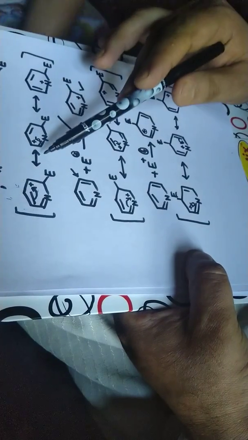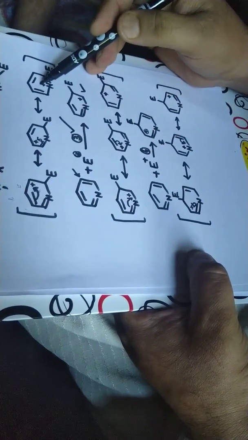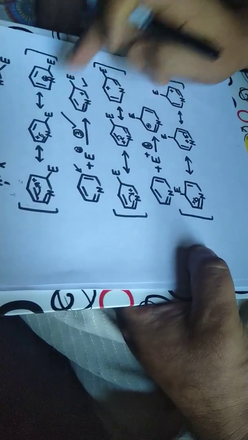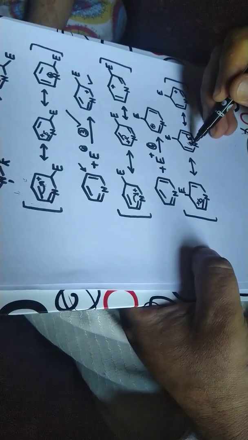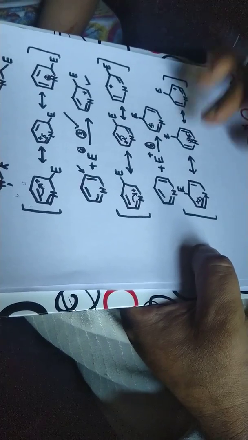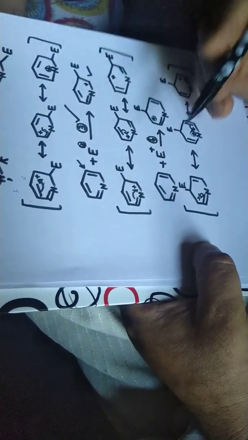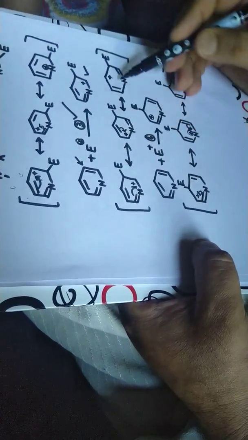In the case of position 2, there are resonating structures, and one has a positive charge on nitrogen, which makes it very unstable. Then at position 4, the nitrogen again develops a positive charge, making this also unstable. And position 3 is comparatively more stable, because you don't have a positive charge on the nitrogen.